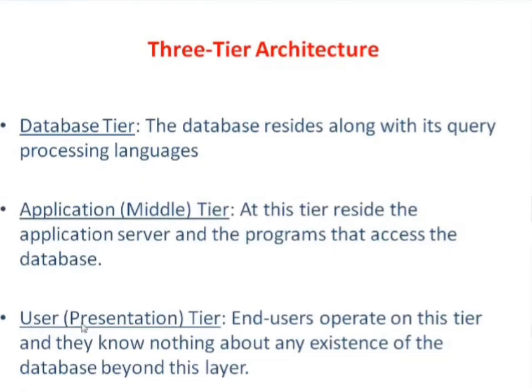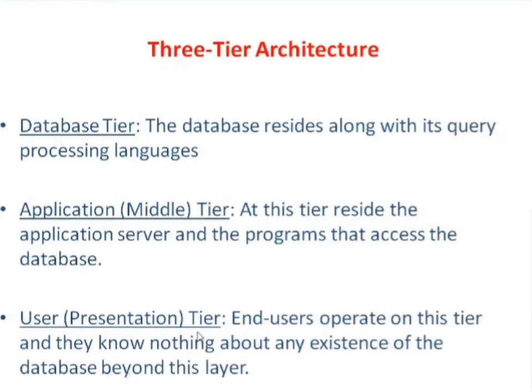Finally, you will find the user or presentation tier. Normally, end users operate on this tier, and they do not know anything about the existence of the database beyond this layer.